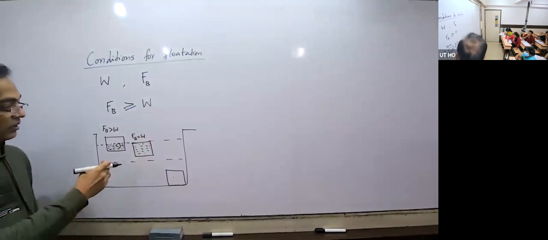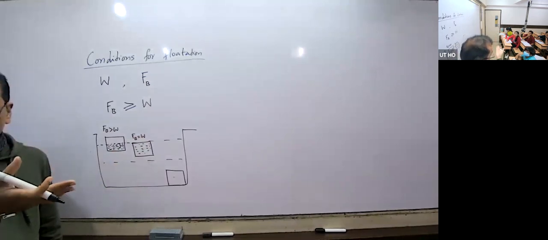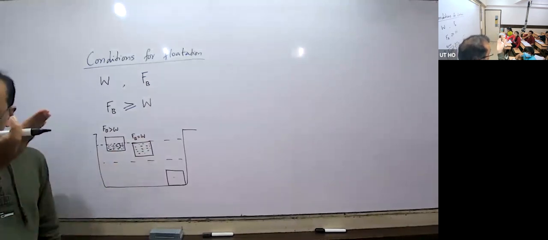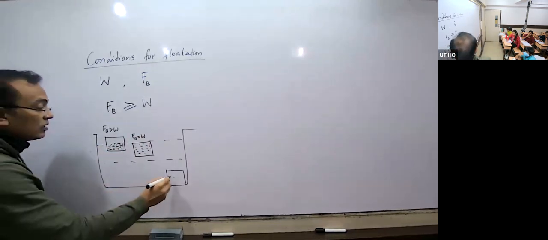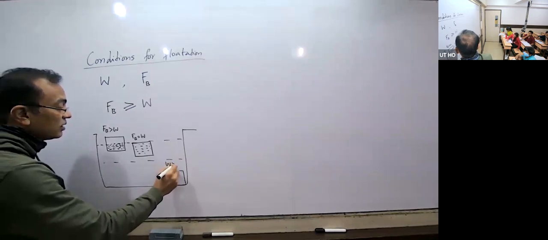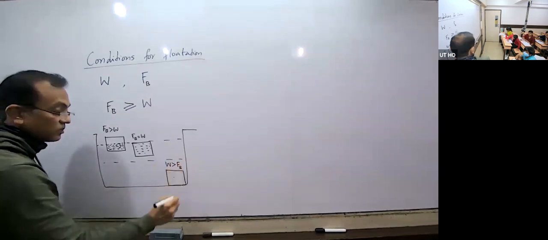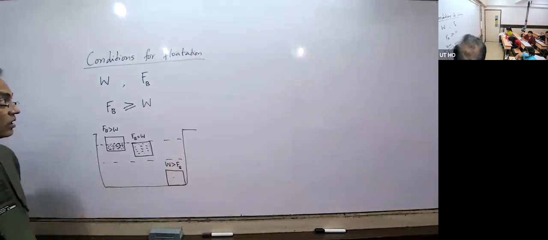Have you seen people swimming with only nose and mouth up, sleeping on their back and floating? That's what it is. This is the case when W is greater than upthrust. So all three things are explained to you.